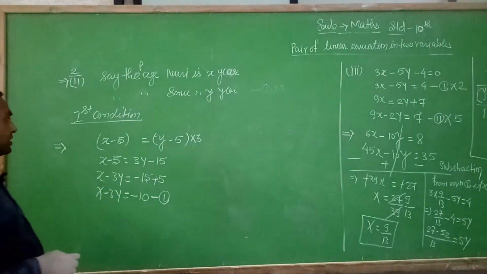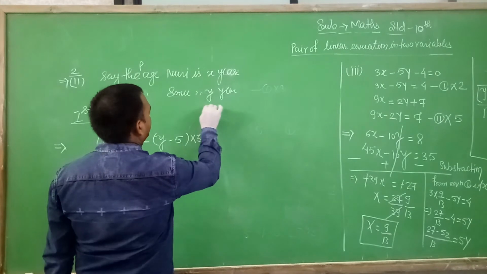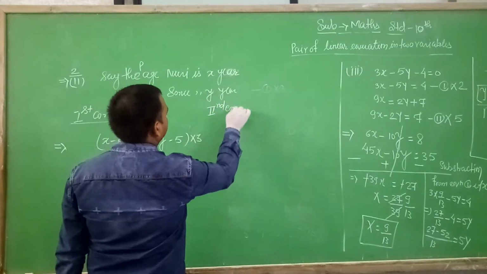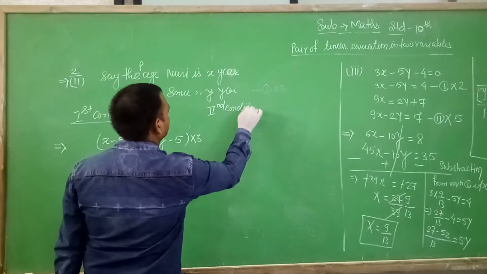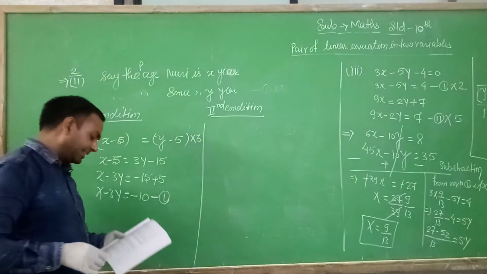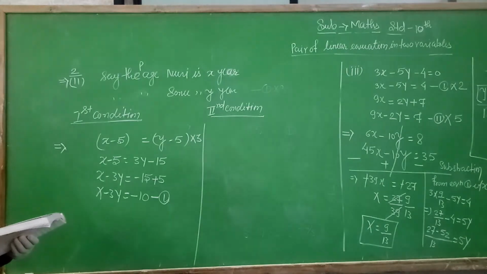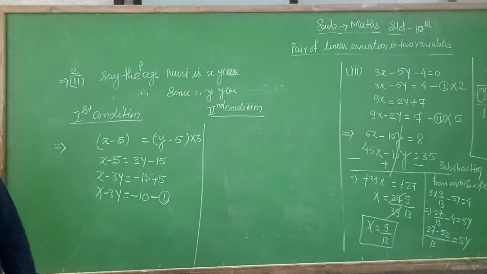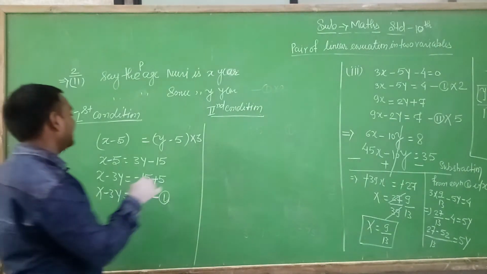According to the second condition, here the second condition is also given: 10 years later Nuri will be twice as old as Sonu. 10 years later means you add 10.